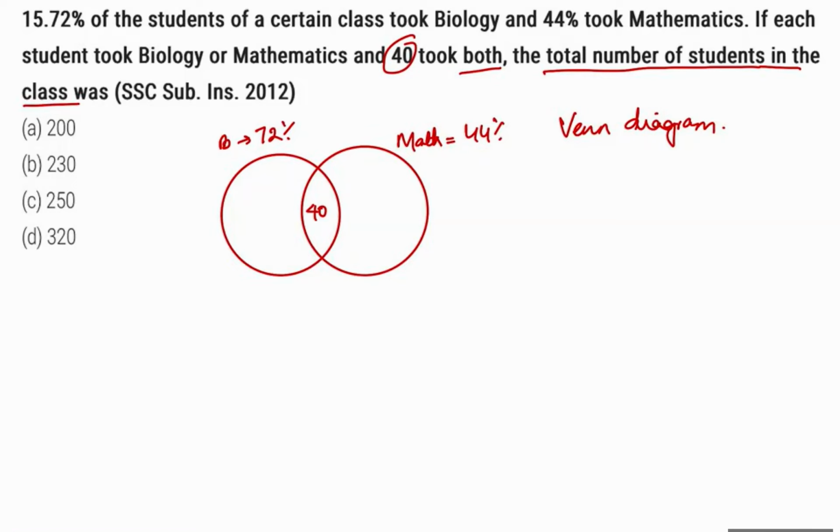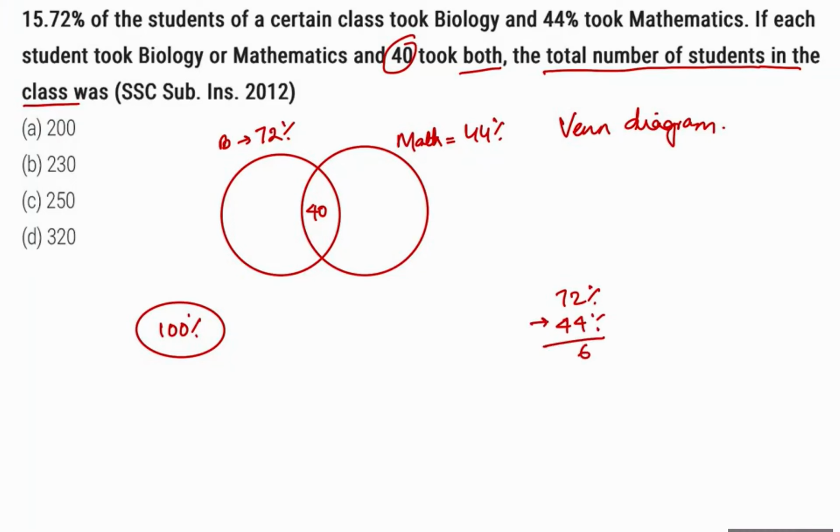Total number of students is 100%. 72% for biology, and 44% for maths.